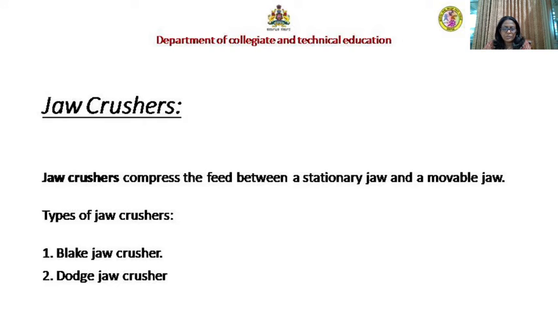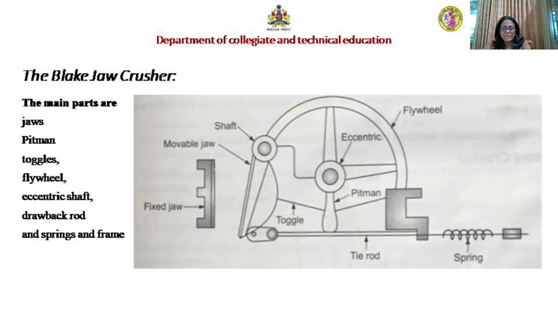The tendency to choke is more in the case of the Dodge jaw crusher. So it is not that widely used as the Blake jaw crusher. So we'll consider the Blake jaw crusher for our learning purpose, to see how it is constructed, what are its important parts, and how it is operated to reduce the size of the material.